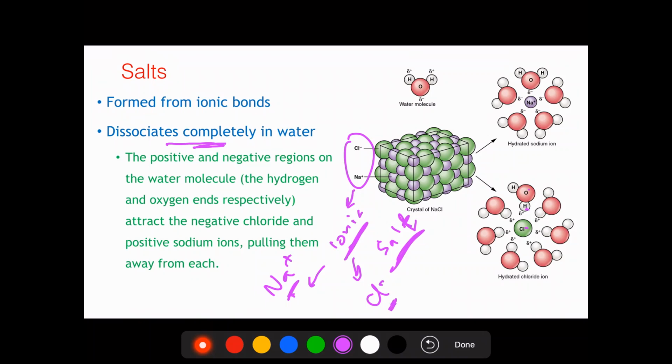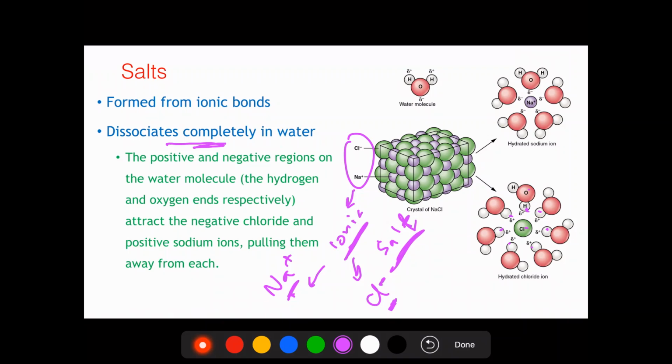So when we put them in water, they will break because the chloride is already negative, okay? It has another extra electron. So these hydrogen atoms would try to get attracted, they'll try to establish a bond with the chloride. Okay?